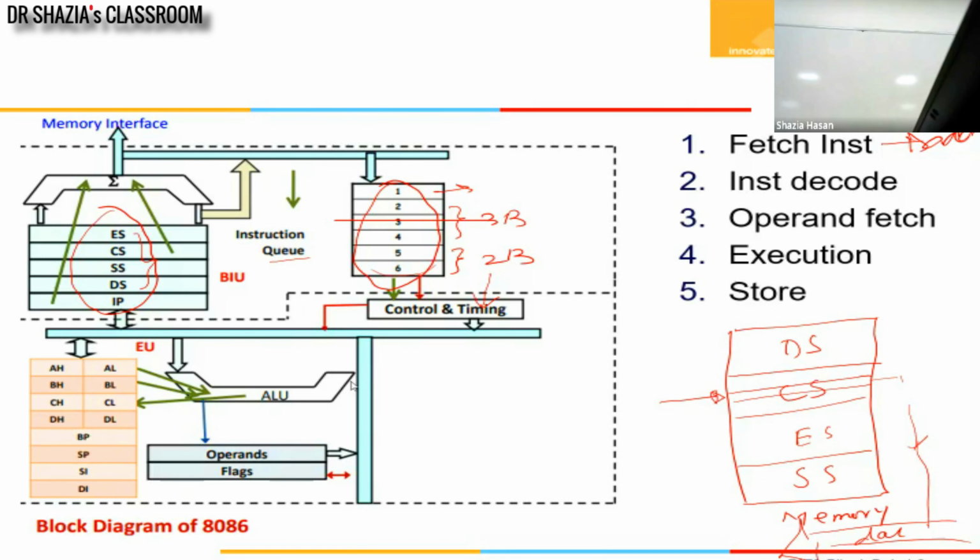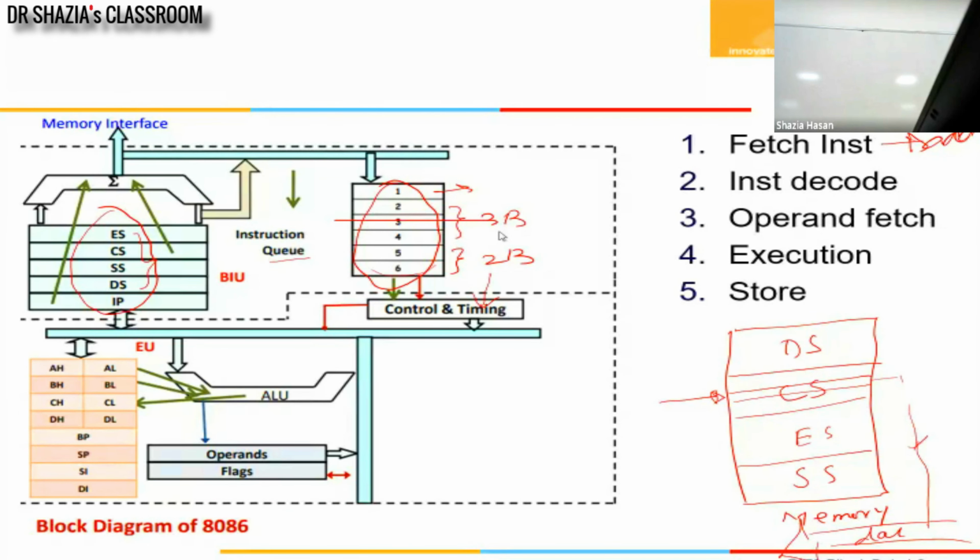As soon as it is done with one instruction, it will immediately go to the next and start executing it. So the instruction queue keeps instructions ready for execution, and the BIU and EU can work in parallel instead of waiting for each other.